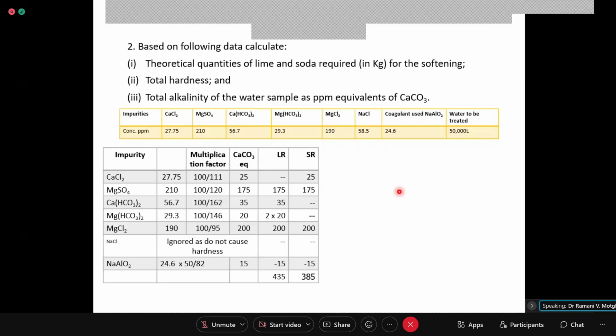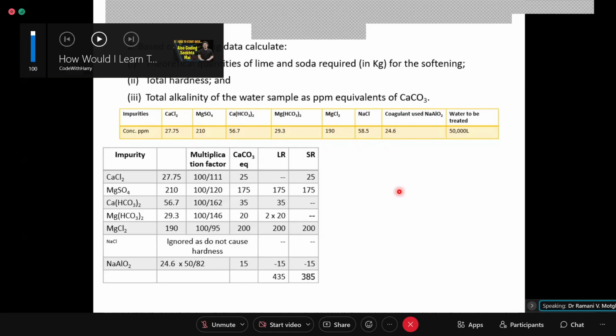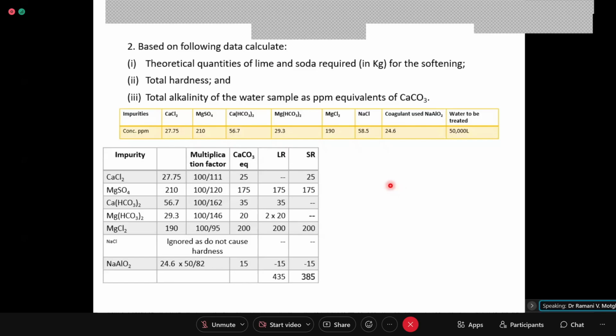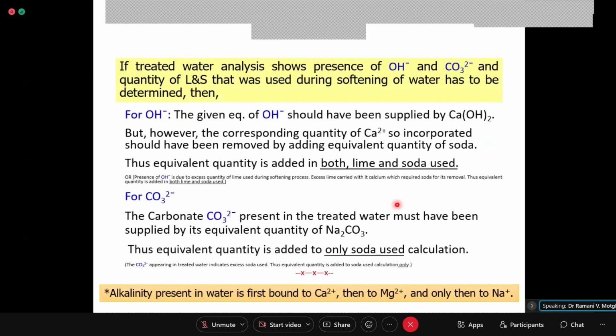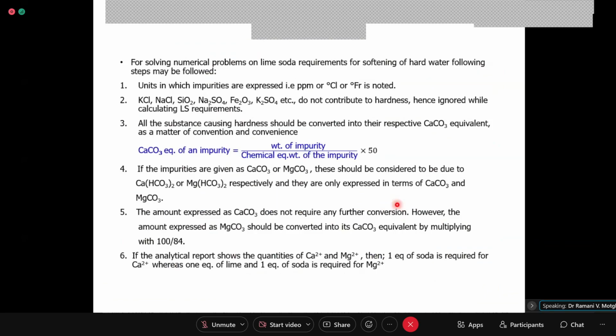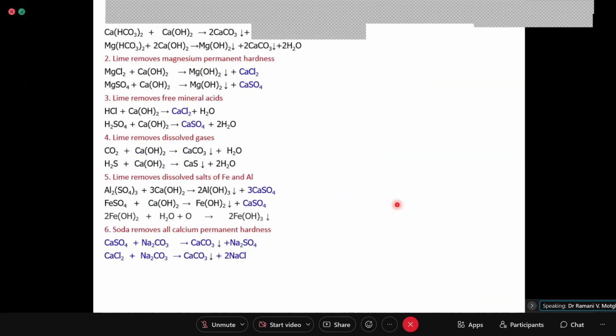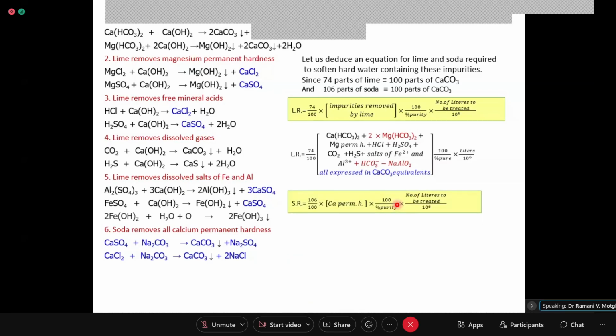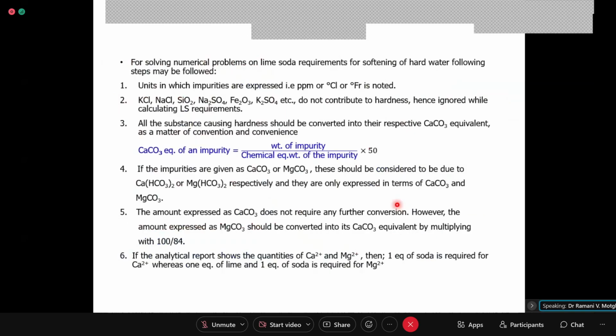Okay. Now, coming back to our portion, we started with lime soda process and we have covered some lime soda numericals. Now, we will see those things again. These are the reactions that are involved in lime and soda reaction for removal of hardness, and the water is softened by removing hardness, that is calcium and magnesium salts.